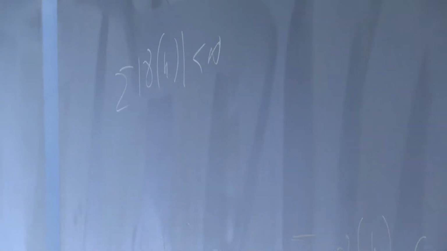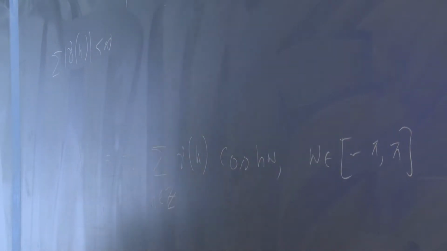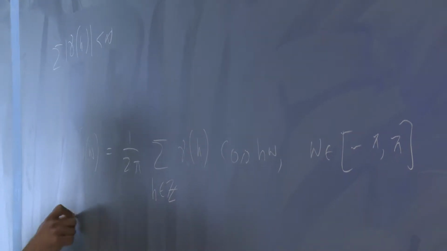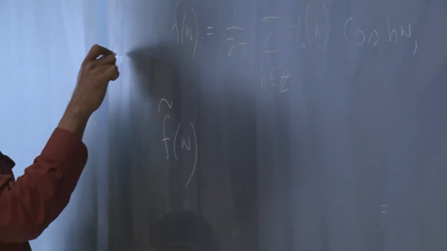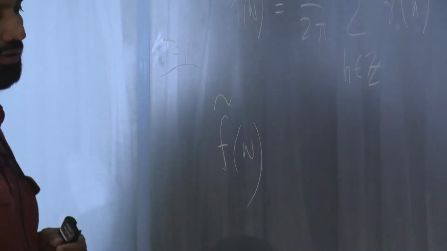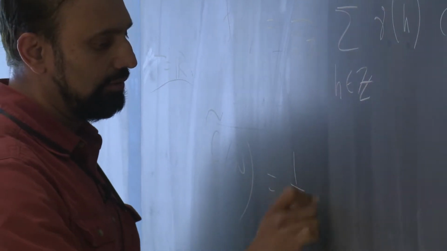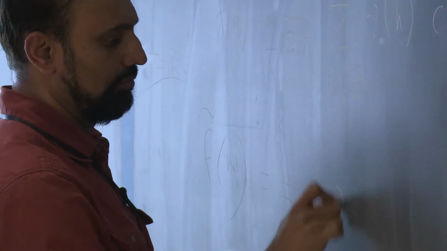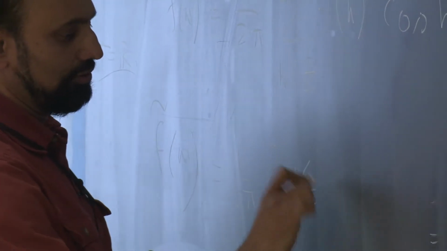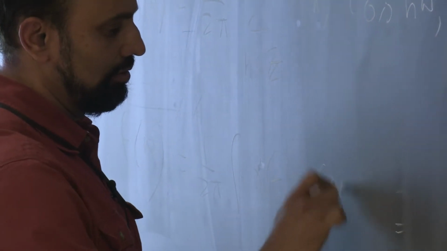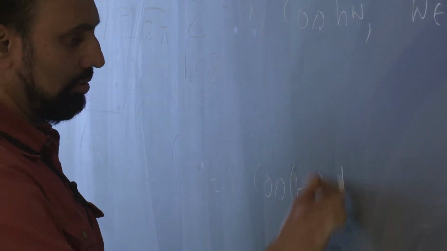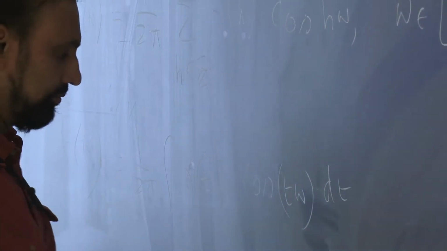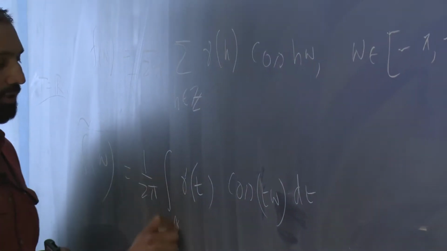So that's how you can define the spectral density of a process that is defined on the integers. And when you look at the continuous case, so this T is in R, something similar. I am not going to use h, change it to t. dt. It goes from minus infinity to plus infinity.